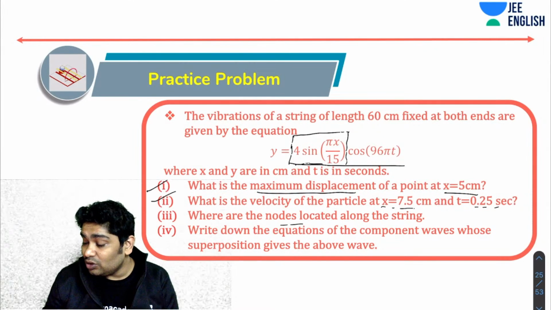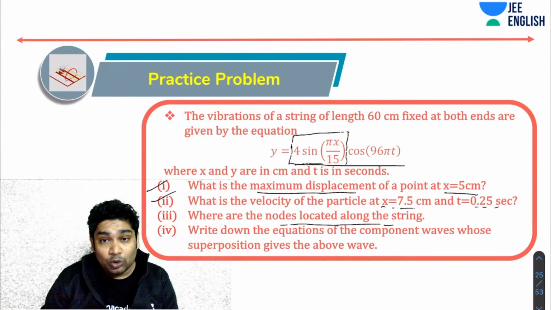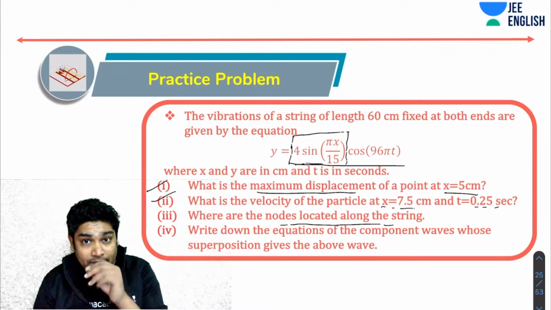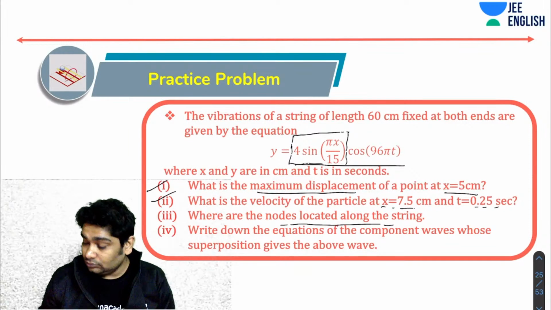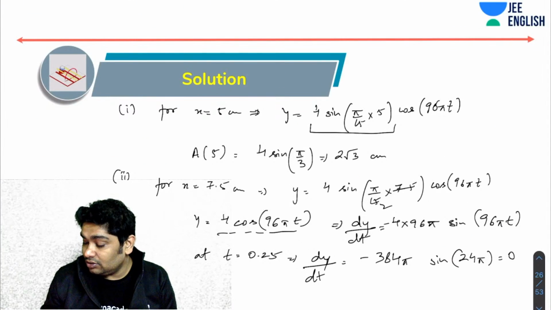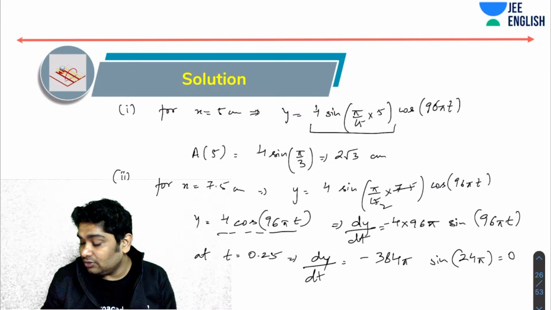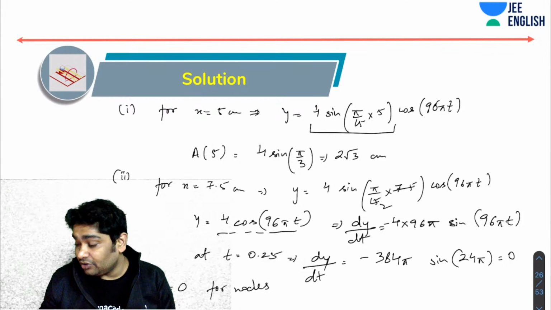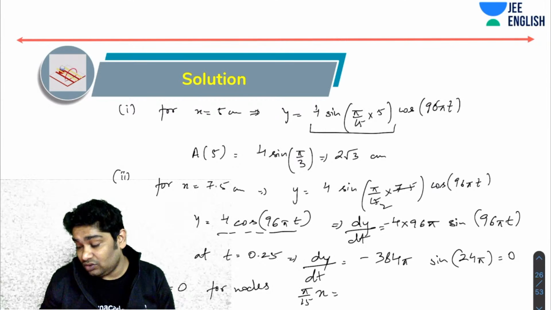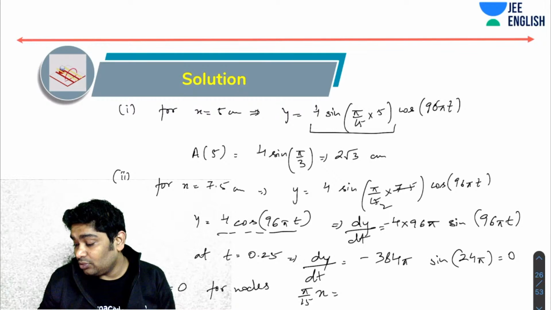Where are the nodes located? So for nodes, your amplitude is 0. So all you needed to find was, you want pi by 15 x equals 2n pi or n pi.